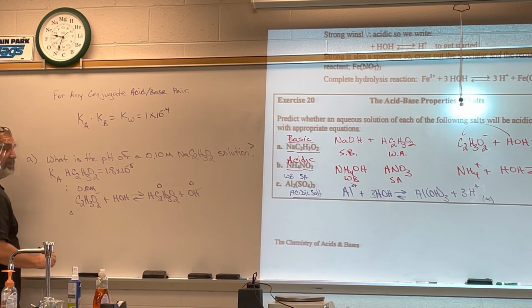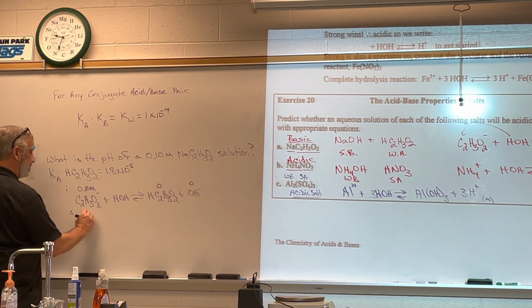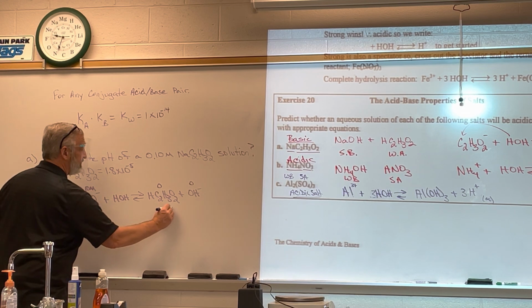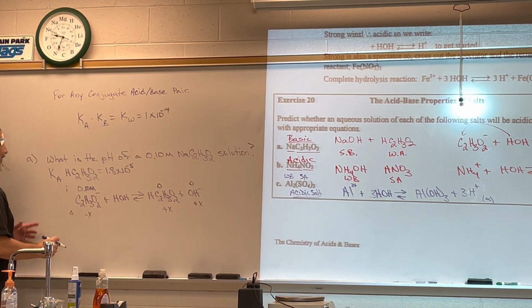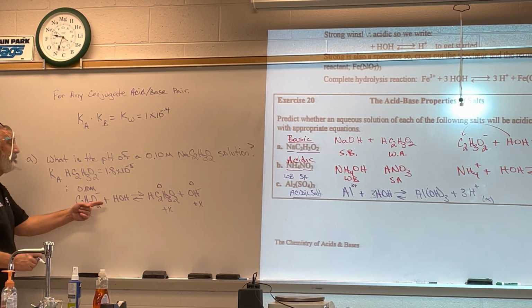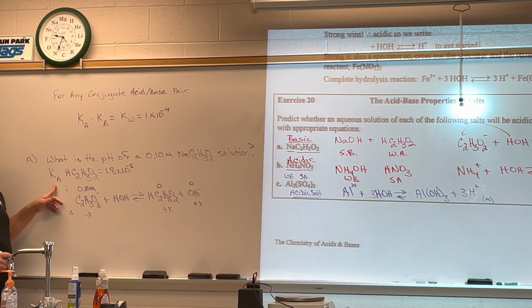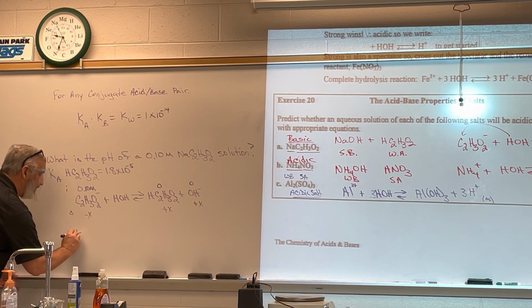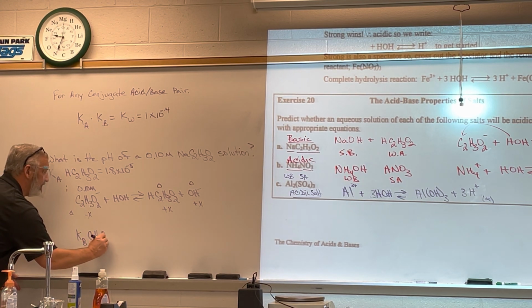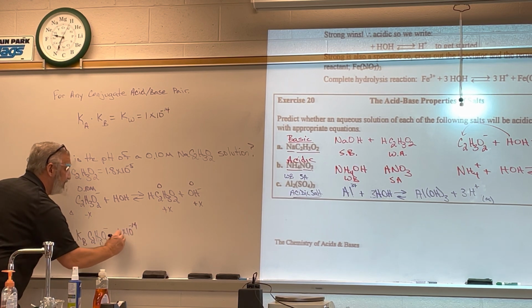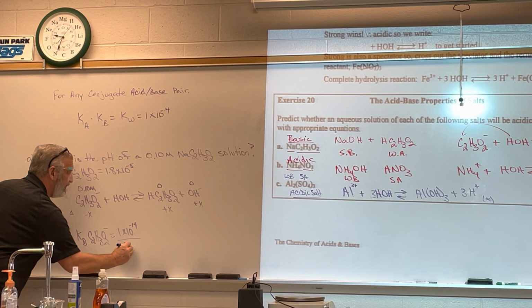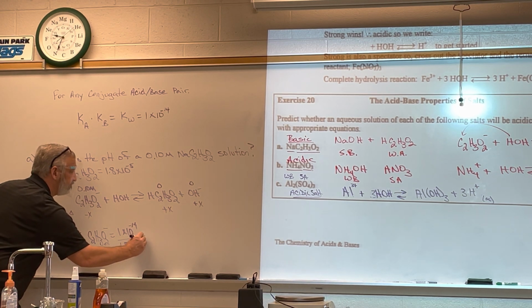The change is going to be minus X, plus X, plus X. But since this is a base, I need the Kb. So the Kb of C2H3O2- is going to equal 1 times 10 to the minus 14 divided by 1.8 times 10 to the minus 5.